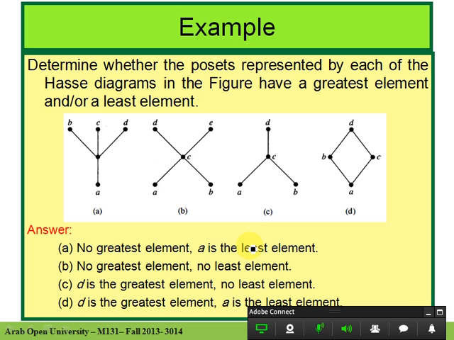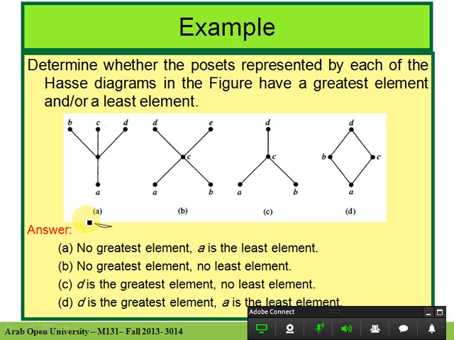Okay, now here is an example. Determine whether the poset represented by each of the Hasse diagrams in the figure has a greatest element and a least element. Now here in A, there is no greatest element because there are 3 elements at the same level. And A has a least element because the only minimal element is related to all.